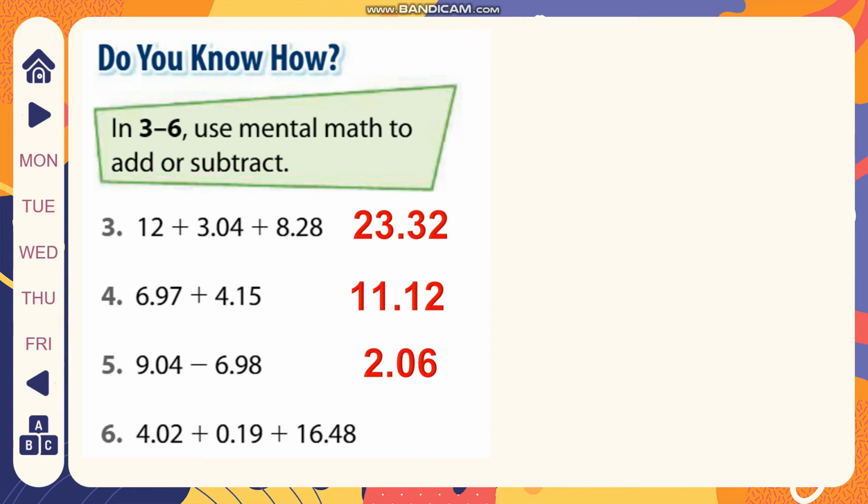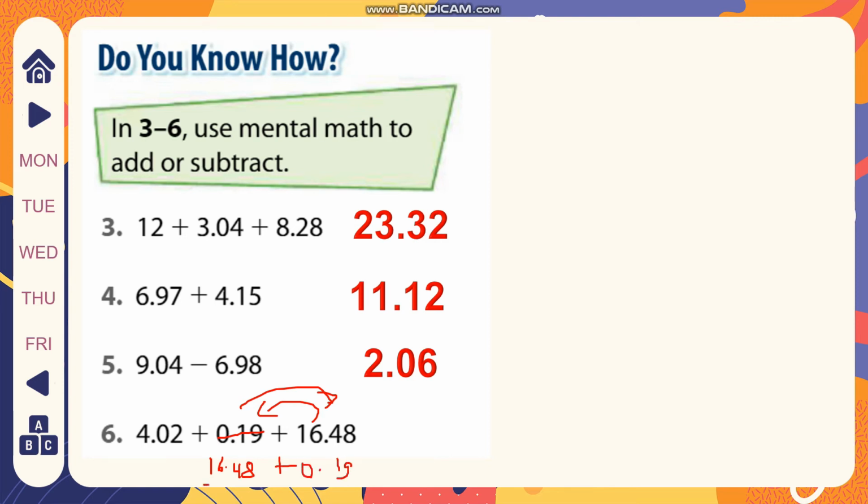Next, 4.02 plus 0.19 plus 16.48. Here I'm going to use the commutative property. I will change the order of these two. I will make 4.02 first plus 16.48 before adding 0.19. Why?